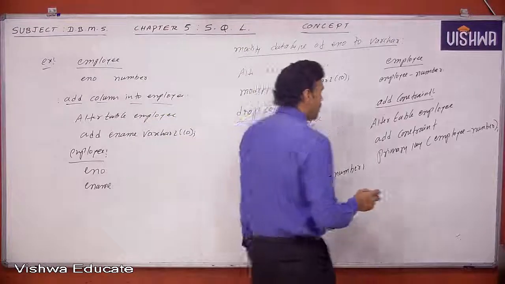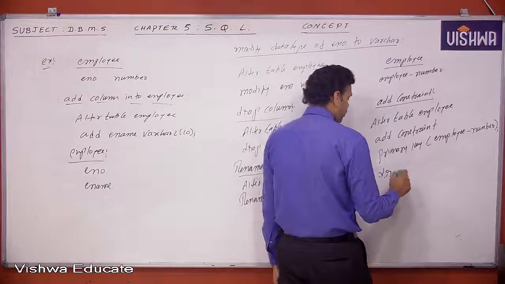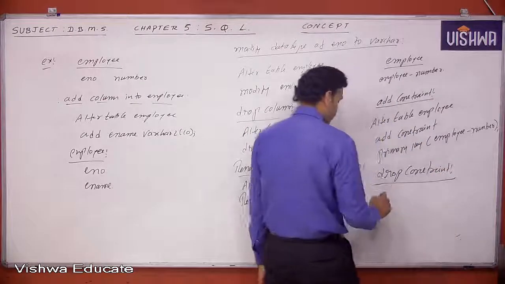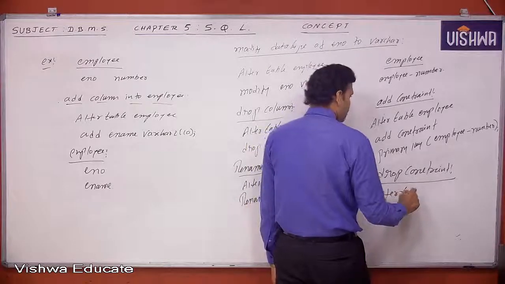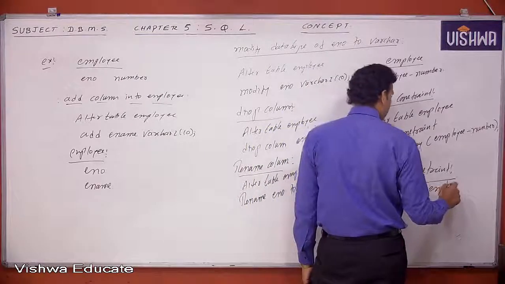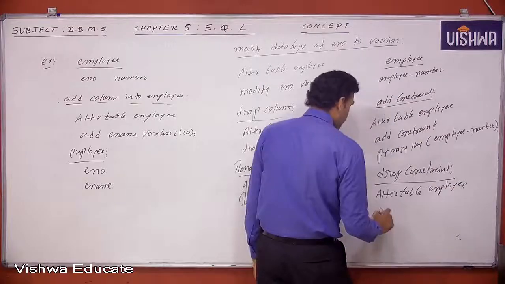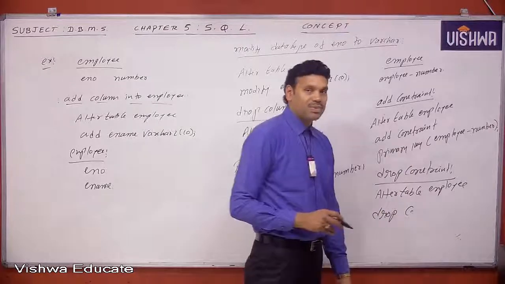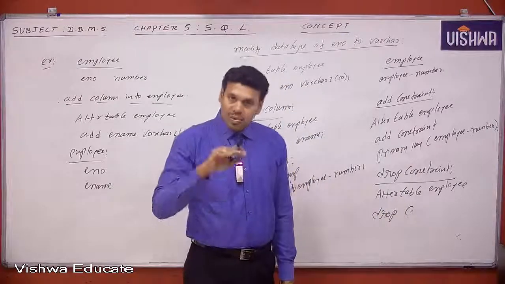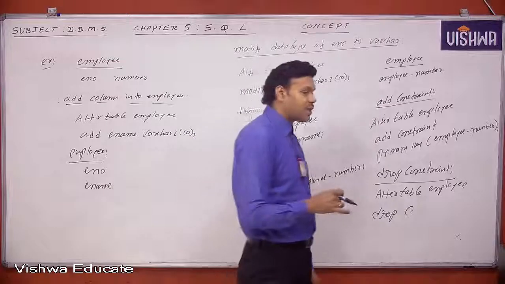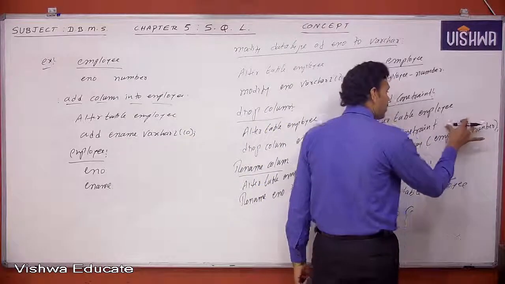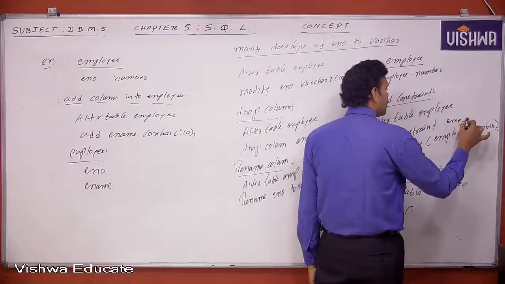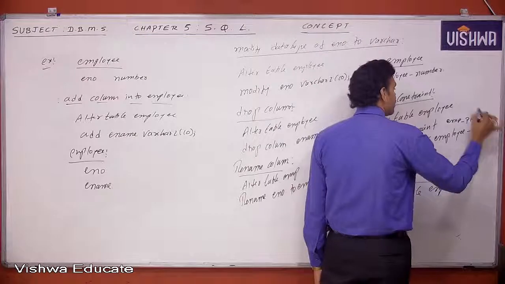Okay. Now I want to drop the constraint. How to drop the constraint? Same: alter table employee drop constraint. To drop the constraint, you're supposed to know its name, so you have to write the constraint name here. I say employee underscore PK underscore employee number.